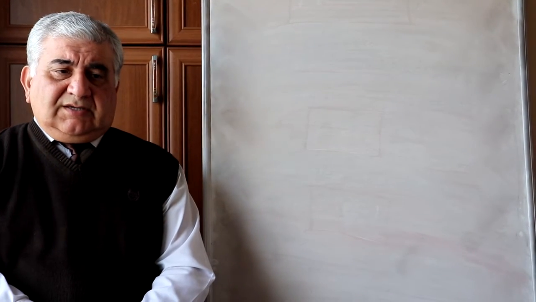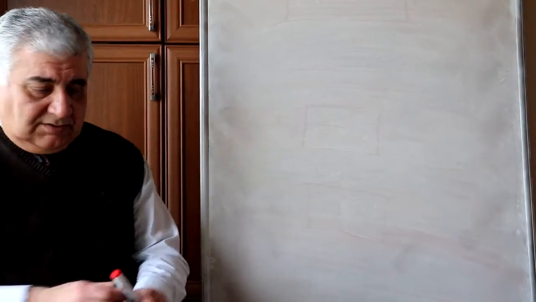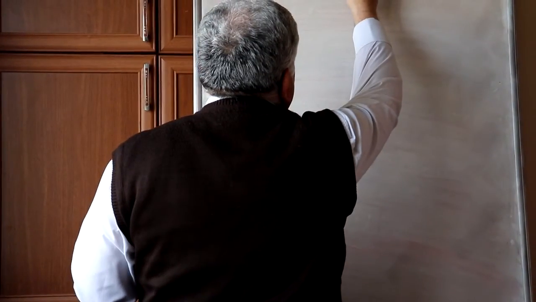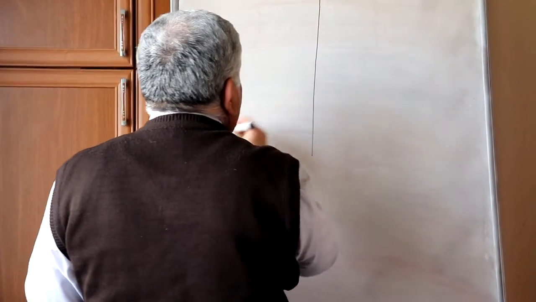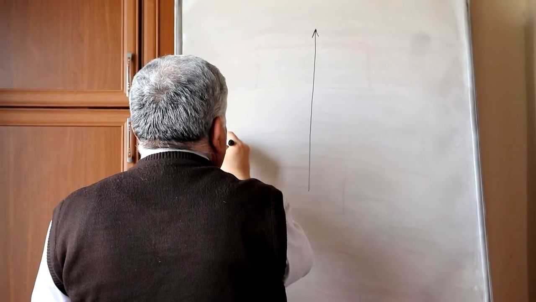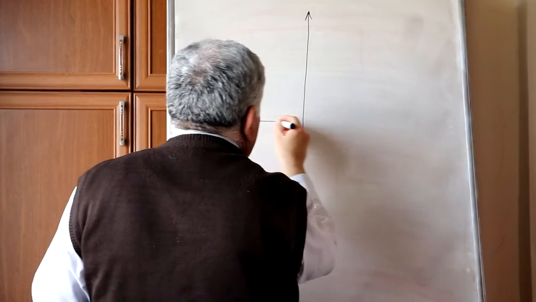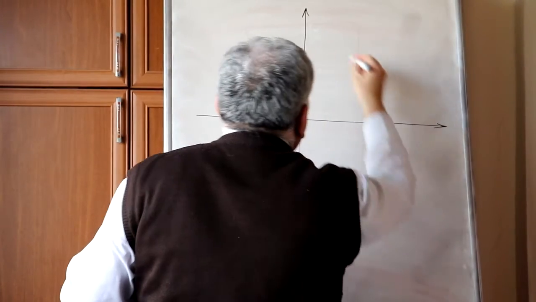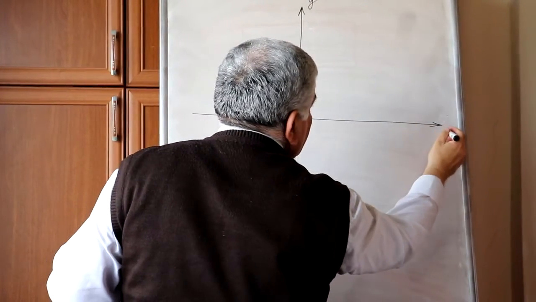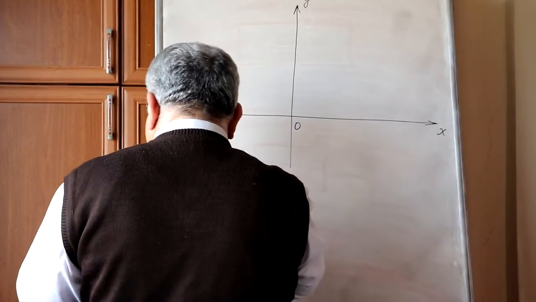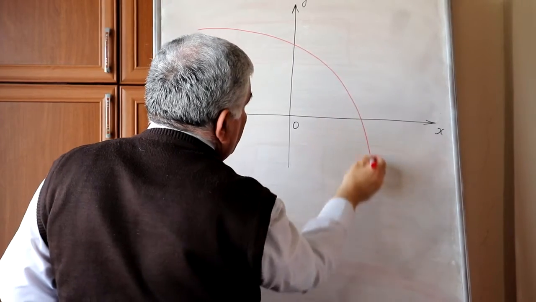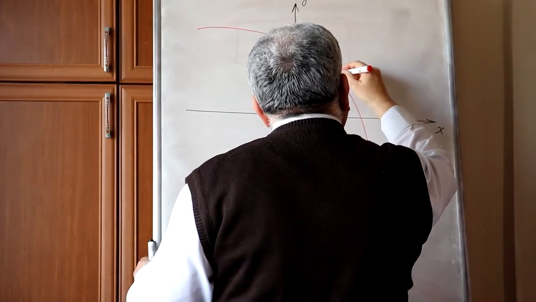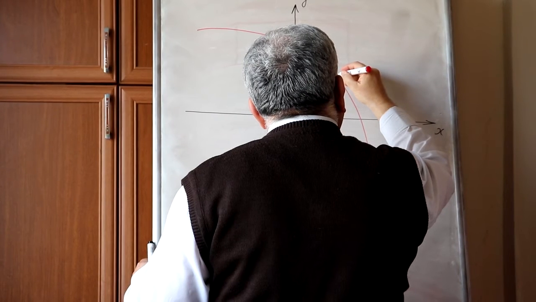Then construct the graph of a given function and its tangent. But it is a tangent point.